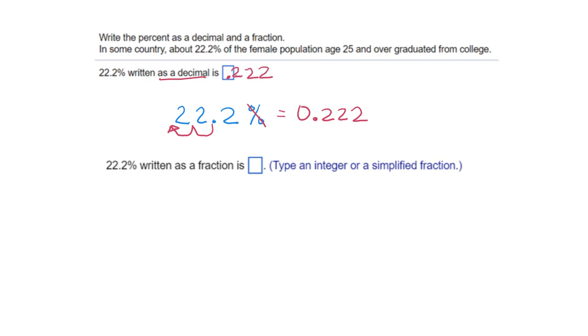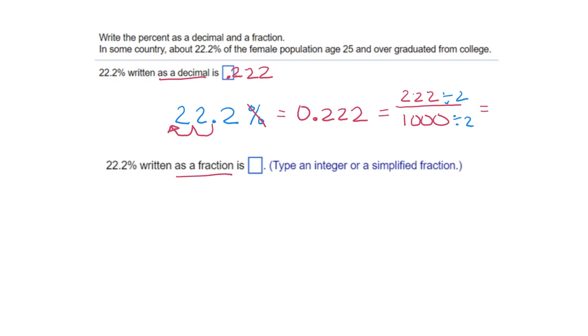The next one wants us to write it as a fraction. So you can go from the decimal form to your fraction, and that is 222 thousandths. Remember, that's 222 thousandths. If you divide both of these by 2 because it's an even number, or if you want, use your calculator. Remember, try to use those brain cells.